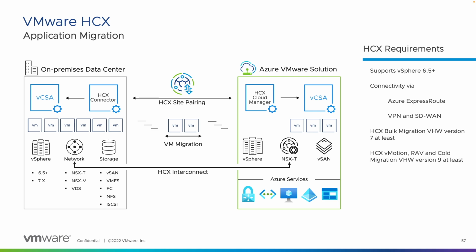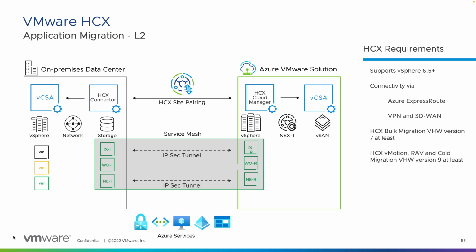If you're using bulk migration, the VM or set of VMs that you're moving must be on vHardware version 7 at least. And then if you're going to be doing vMotion, RAV, or cold migration, those VMs need to be on vHardware version 9 at least.